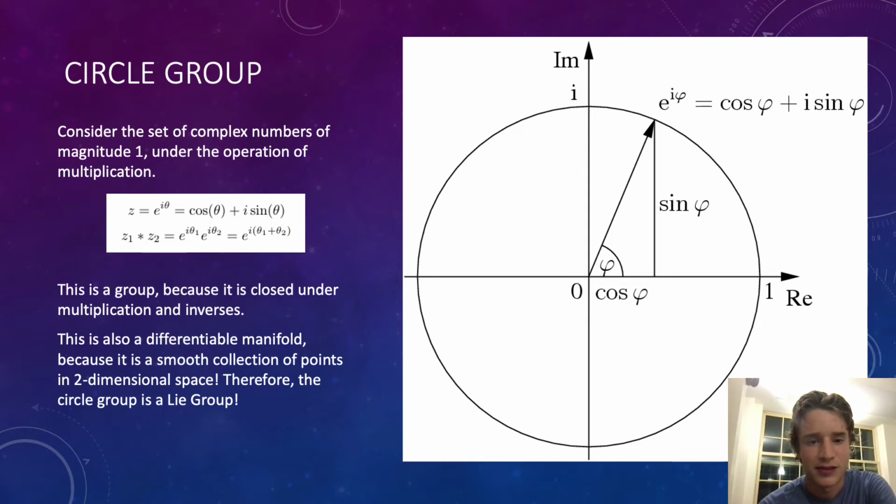So if you multiply e to the i phi 1 times e to the i phi 2, you just get e to the i (phi 1 plus phi 2), which is just another point on the circle with a different angle. And similarly, the inverses are the negative of the angle, because that takes you back to 1 on the real axis. And this is also a differentiable manifold because it's a smooth collection of points in two-dimensional space. So therefore, the circle group is a Lie group.